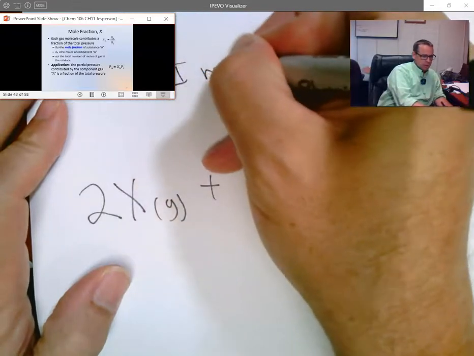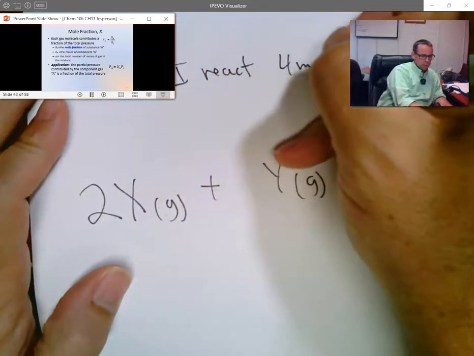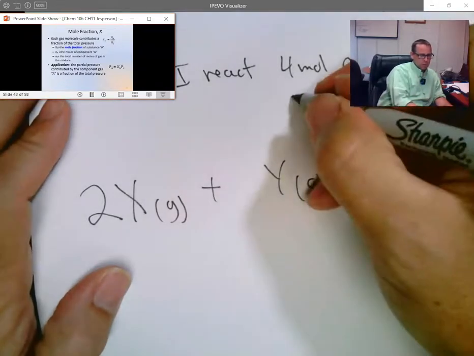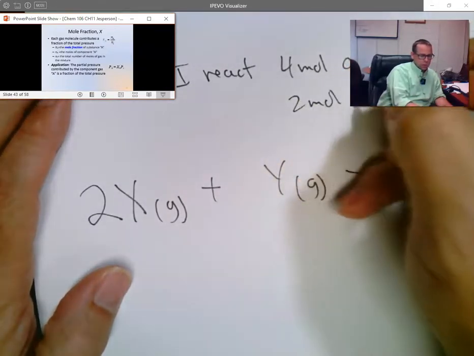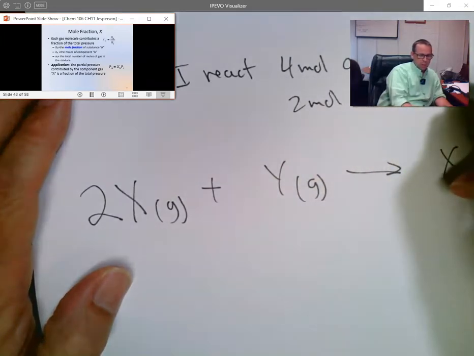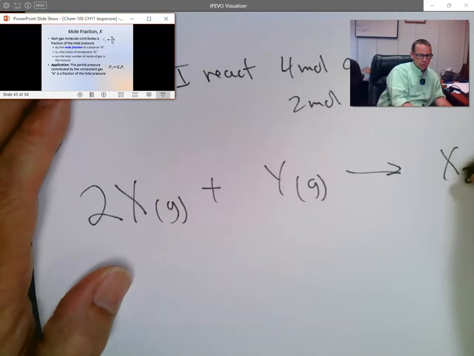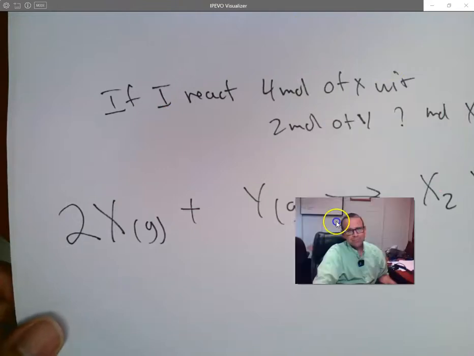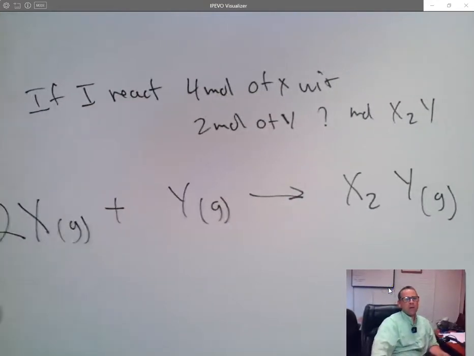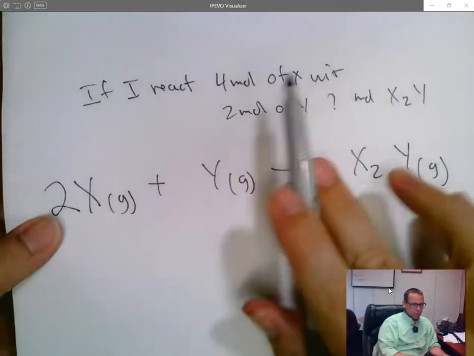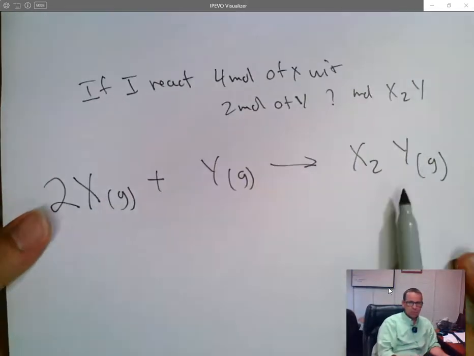If 4 moles of X with 2 moles of Y, how many moles of my product am I going to get?